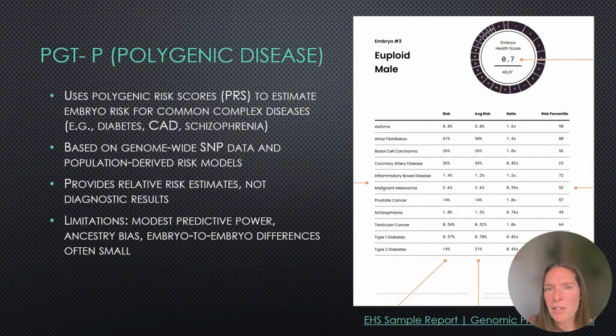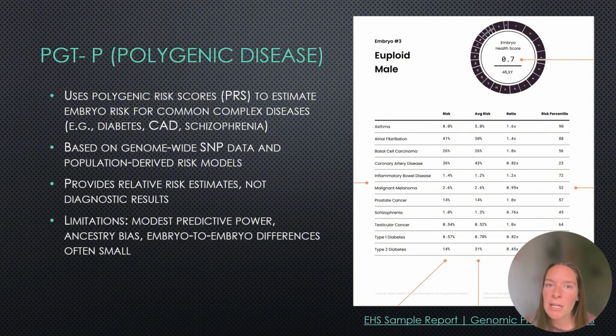This is really where the controversy comes in. The predictive power of PGT-P is still thought to be fairly modest. We know there are issues with ancestry bias and what ancestry of individuals are in these data sets that we use.